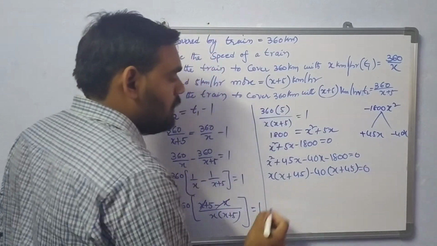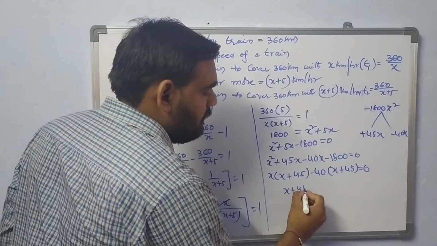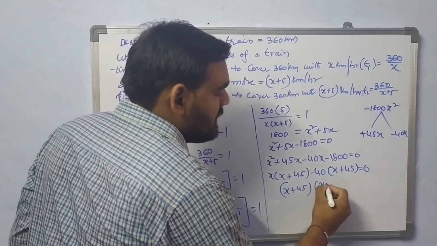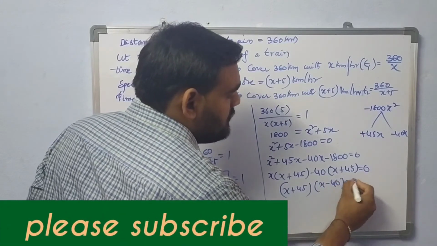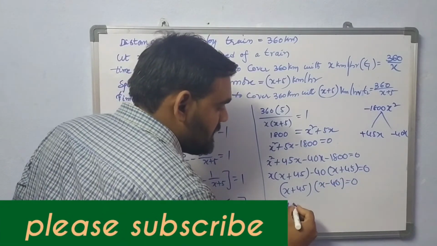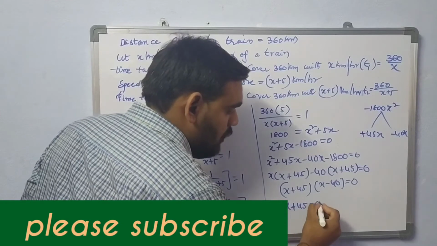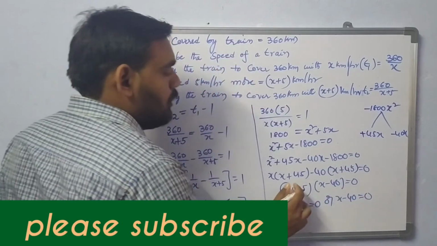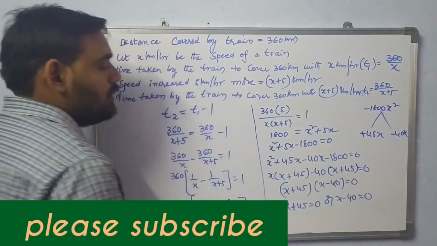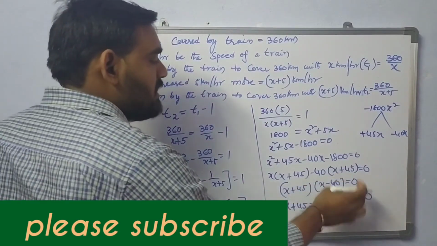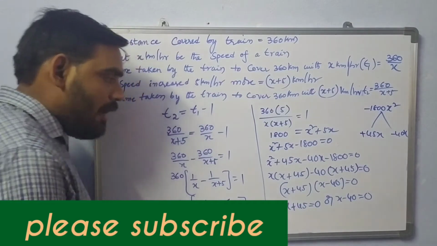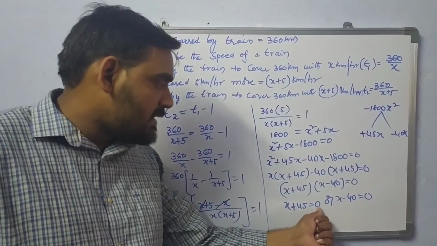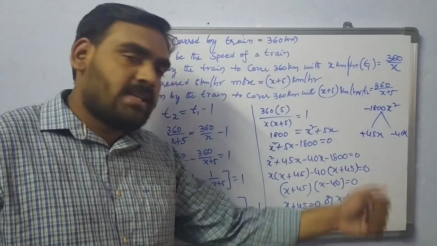Now x plus 45 into x minus 40 is equal to 0. So here x plus 45 is equal to 0 or else x minus 40 is equal to 0. The product of these two things is equal to 0, so this may be 0 or this may be 0. That is why I have written x plus 45 is equal to 0 or x minus 40 is equal to 0.